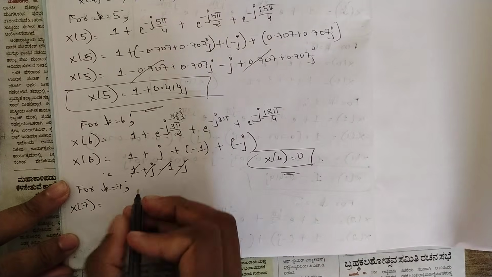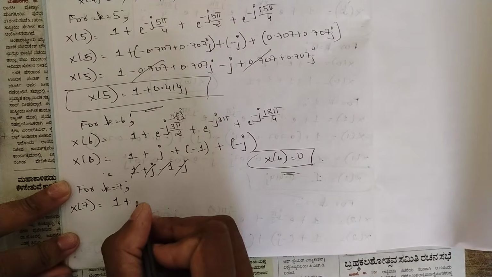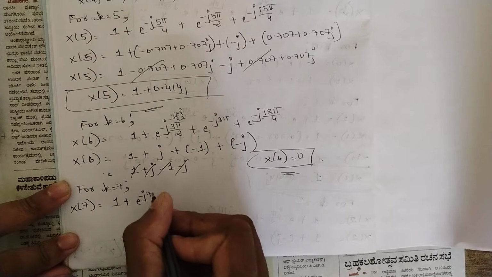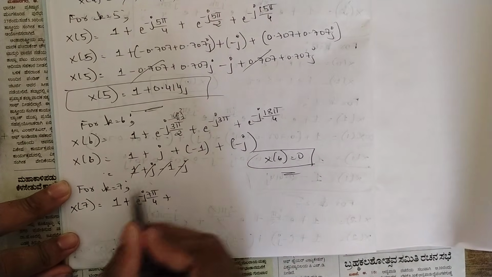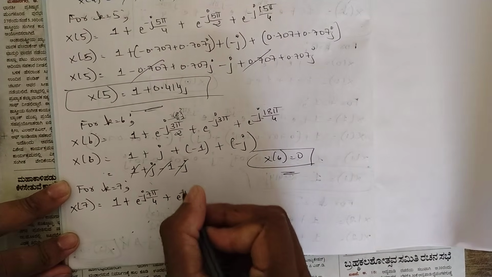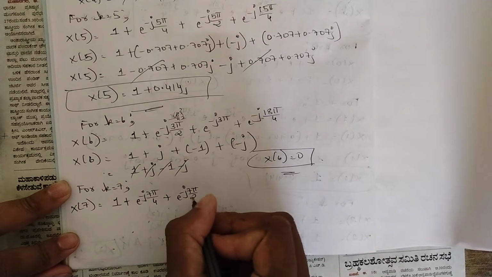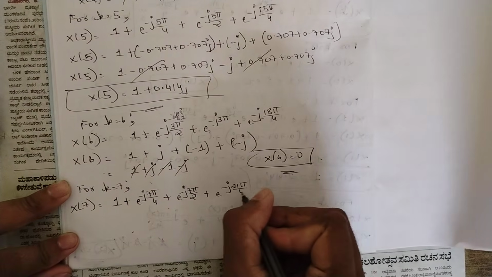Similarly, for k is equal to 7, x of 7 is equal to... you are seeing, right, how much time I am taking. Yet I am solving very fast, but still I am taking time because this is time consuming. Okay, so that's why you should be very quick in this. So this is the first term, that is e power minus j 7 pi by 4, after simplifying, e power minus j 7 pi by 2, plus e power minus j 21 pi by 4.